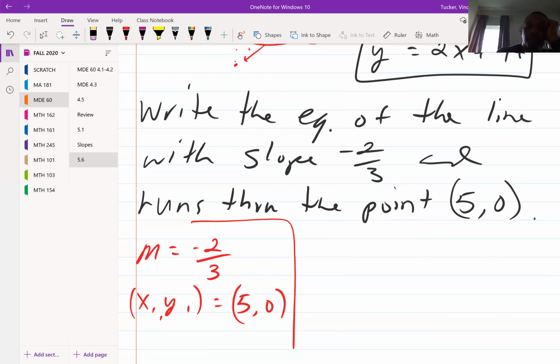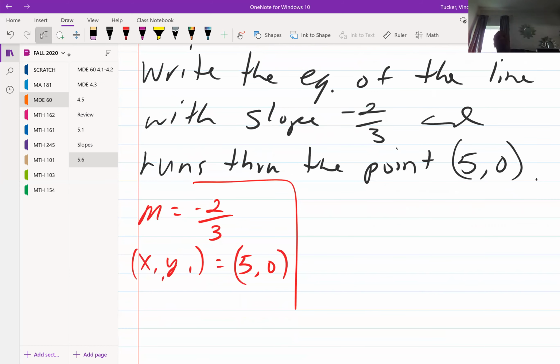You're welcome. All right, so this next one is very similar to the one we just did. I just changed some numbers. Write the equation of the line with the slope -2/3 that runs through the point (5, 0).